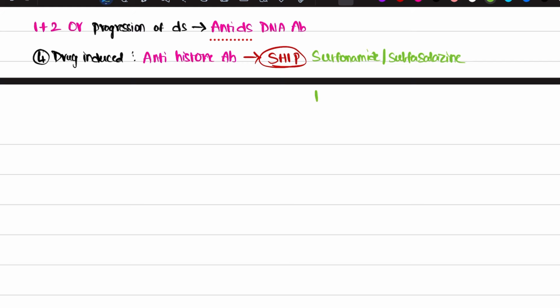H stands for hydralazine. And what does the I stand for? This is also used in TB treatment, ATT, anti-tubercular therapy. Most famous drug. I'm giving you 10 seconds. This is isoniazid.